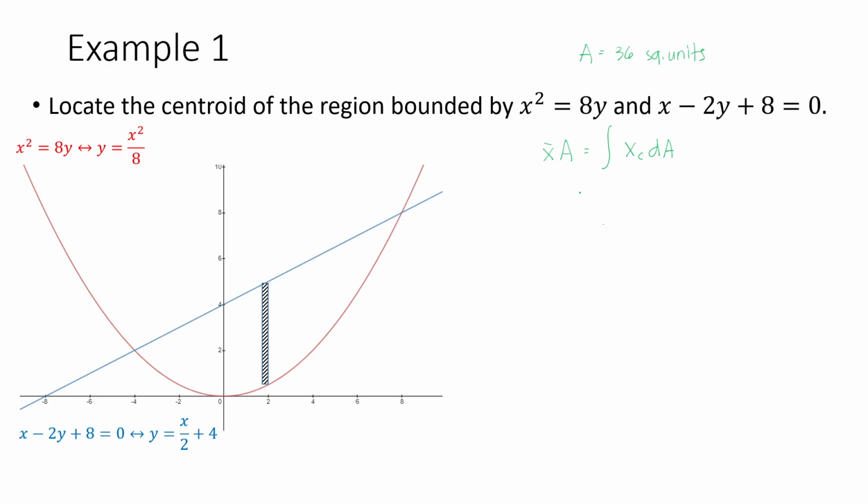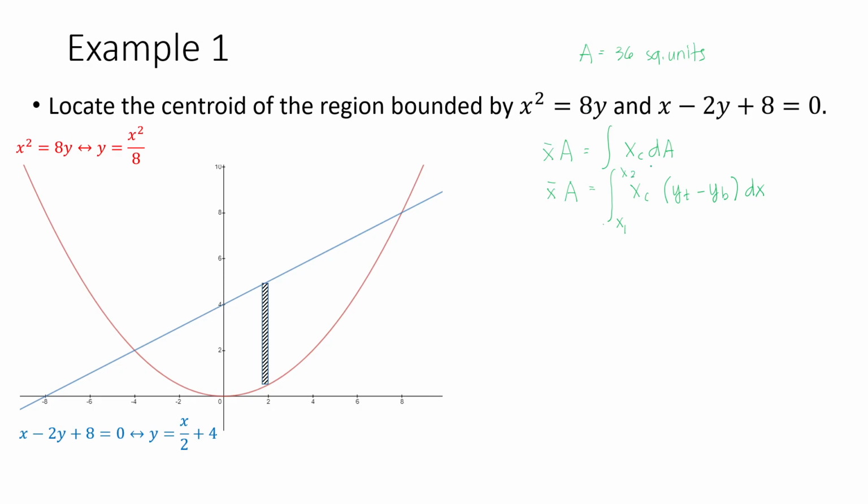Since you are using the vertical strip, this is further defined as bar x times area equals the integral of x sub c, then the differential area, which is length times width. That would be y top minus y bottom dx. It's like solving for the area again, but not just the area, because there is also x sub c, from x1 to x2.